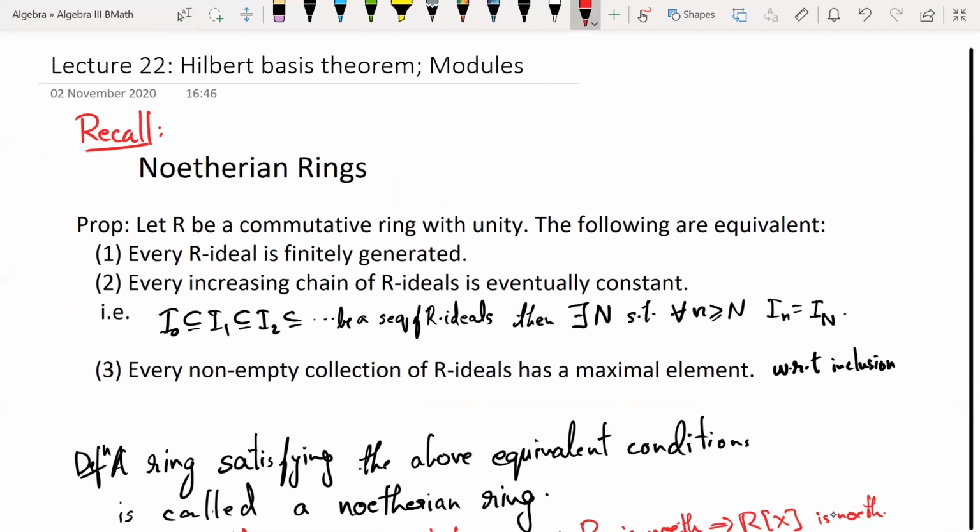We saw the definition of a Noetherian ring, which was that a ring is Noetherian if any of these equivalent conditions holds. That is, every ideal is finitely generated, or every increasing chain of ideals becomes eventually constant, or every non-empty collection of ideals has a maximal element with respect to inclusion.